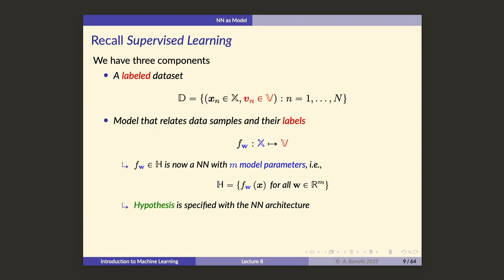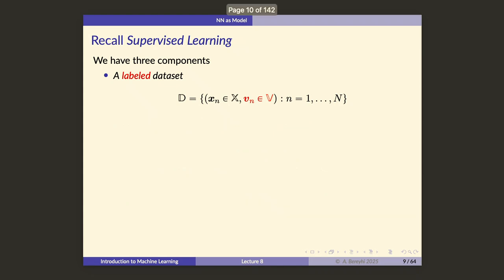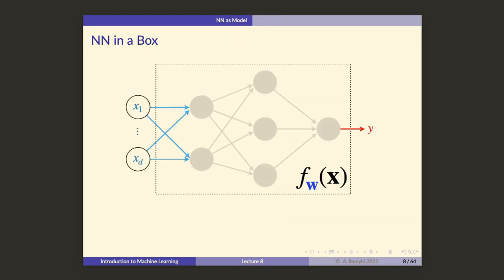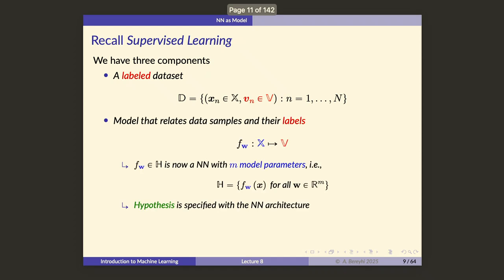That fw is essentially our neural network, the model that we had here. And those w's, we do know what they are. They are weights, or what we call model parameters. Let's say we have m different weights in total. So we're going to have a vector of length m, a list of length m, that is our w.